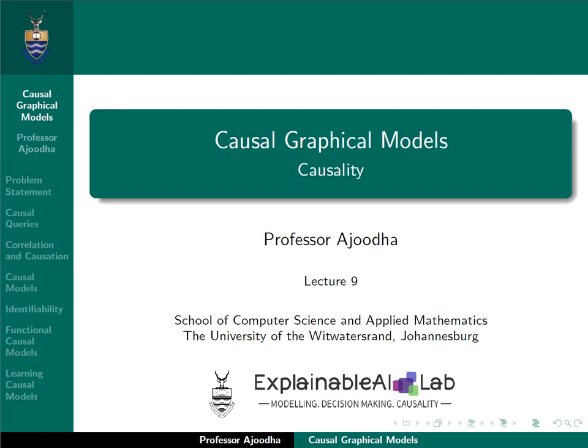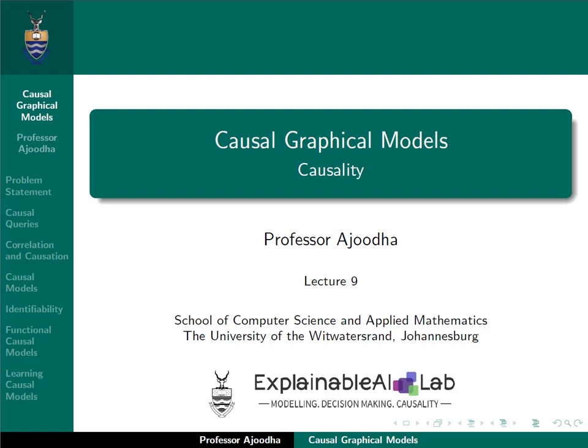We don't only want to ask whether variables are associated, we also want to ask whether one variable causes another variable. That is, the event in a particular variable is caused by an event in another variable which is linked to that variable. So in this lecture, we're going to introduce the difference between probabilistic reasoning and causal reasoning, and we're going to explain why standard probabilistic graphical models, such as Bayesian networks, are not enough for causal interpretation and causal questions.